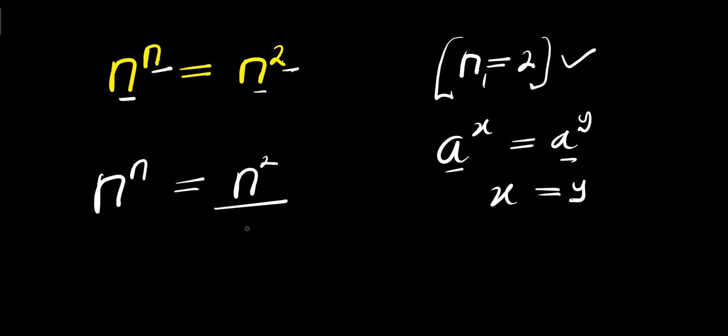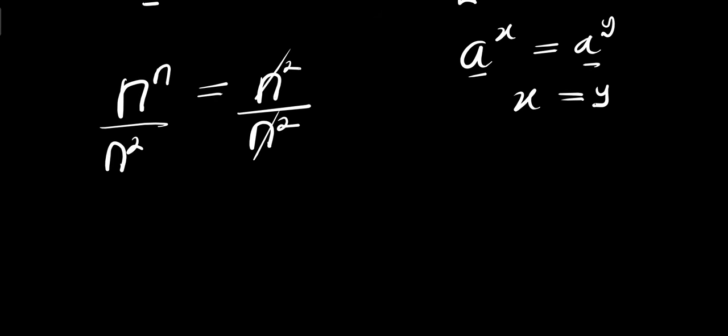So I have n power 2. I will divide this by n power 2 and divide this by n to the power of 2. This divides itself, we have 1. So I have n power n divided by n power 2 equals 1.